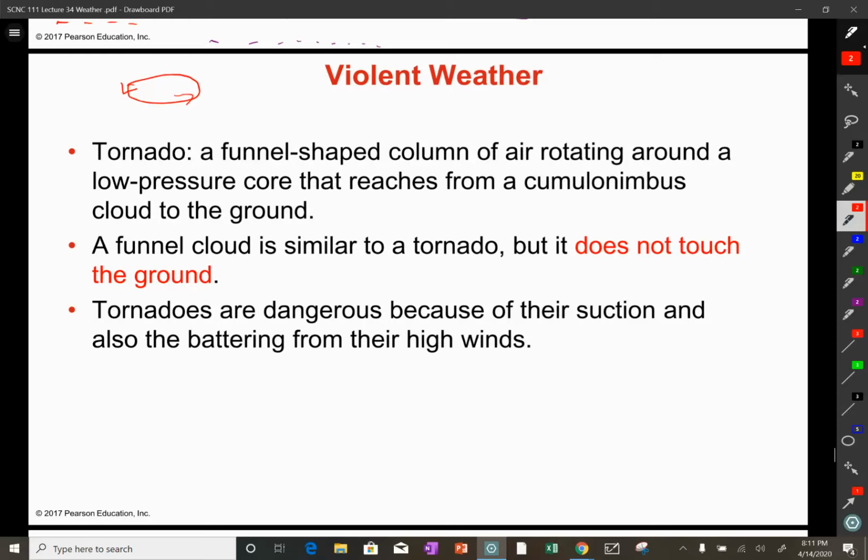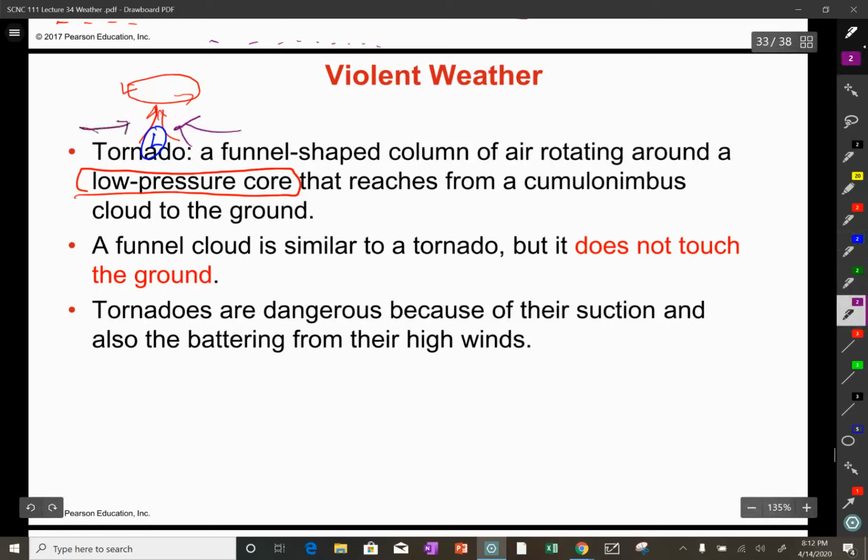So tornadoes: a funnel-shaped column of air rotating around a low-pressure core. Now, what makes that low-pressure core? Well, remember, the cumulonimbus has as its core hot, moist air that rises. Since it's rising, it's vacating the premises, leaving behind a low-pressure region. And because that's low pressure, more air rushes in because you go from high pressure to low pressure.